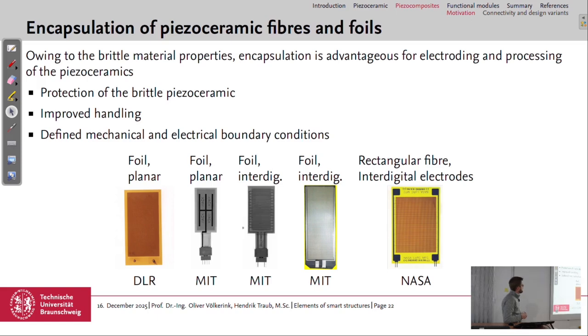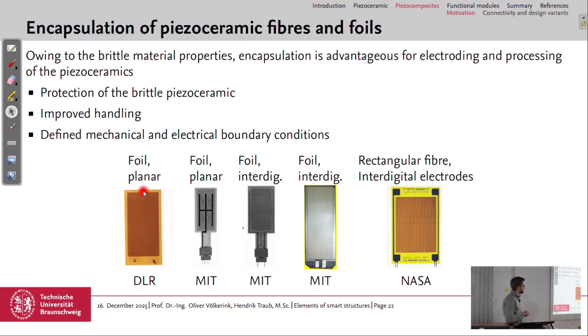These are some examples for encapsulated piezoceramic fibers and foils into a transducer. We have transducers made from foils, like this one from German Aerospace Center. We have transducers made from foils with different type of electrodes, an interdigital electrode.